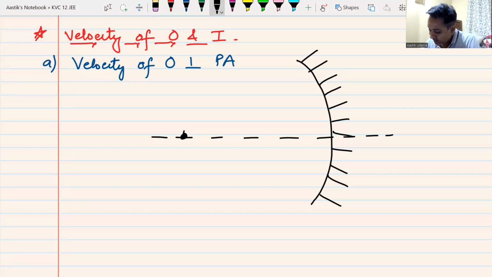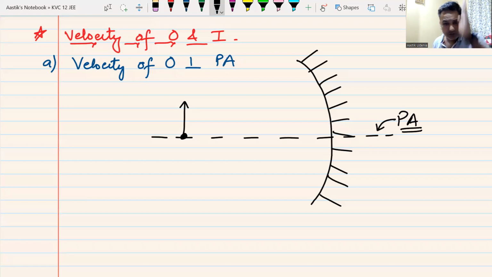So this object is going to move like this. The object is going to move perpendicular to the principal axis. Do you see the principal axis here?